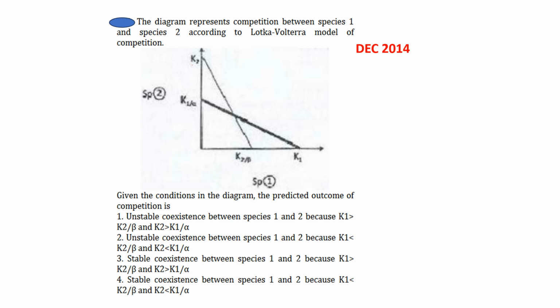One of the questions is: the diagram represents competition between species 1 and species 2 according to the Lotka-Volterra model of competition.